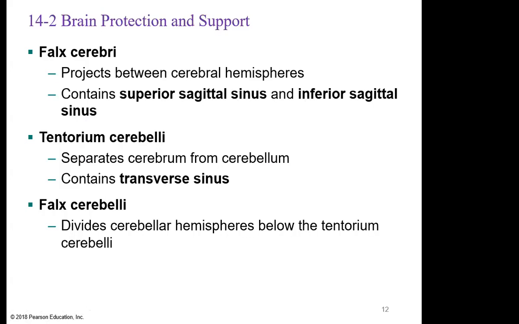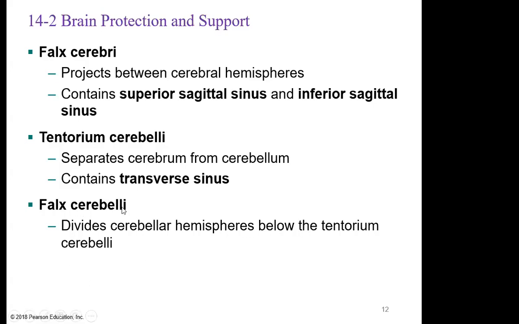So that's transverse. Whenever you look at this transverse sinus, you will see that superiorly we have the cerebrum, inferiorly we have the cerebellum. Okay, so it makes that same kind of plane across the brain, separating the superior cerebrum and the inferior cerebellum.